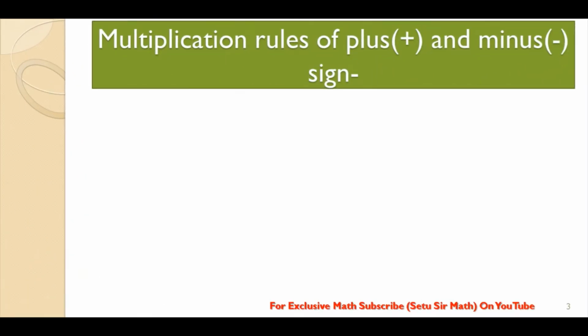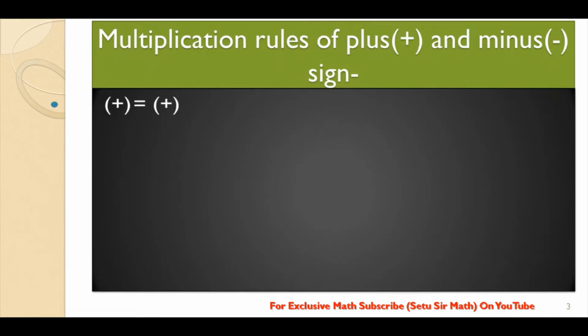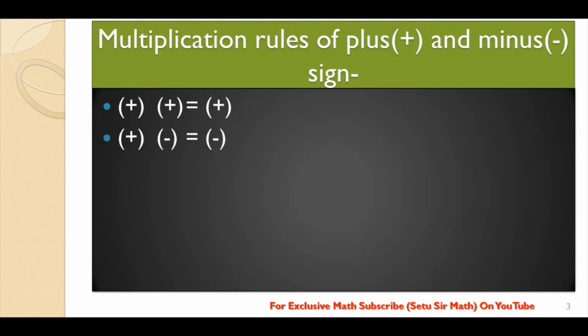At first, we have to understand very clearly the multiplication rule of plus and minus signs. Let's see the first rule. Plus and plus, that would be plus. Plus and minus, the multiplication would be minus.